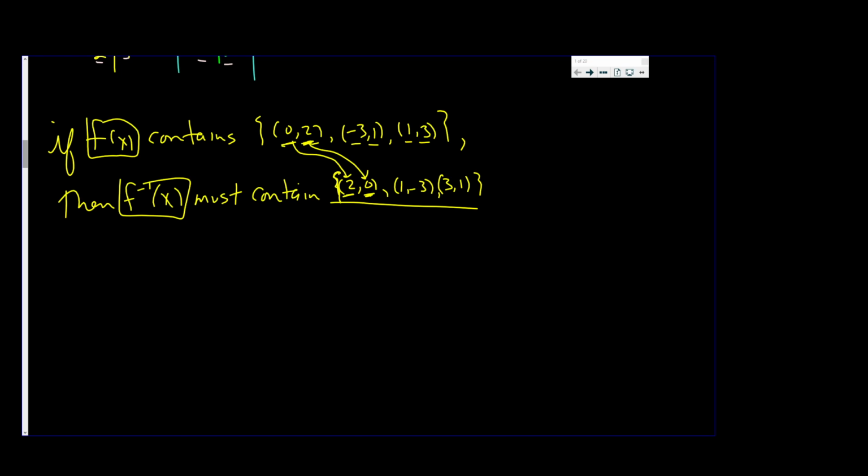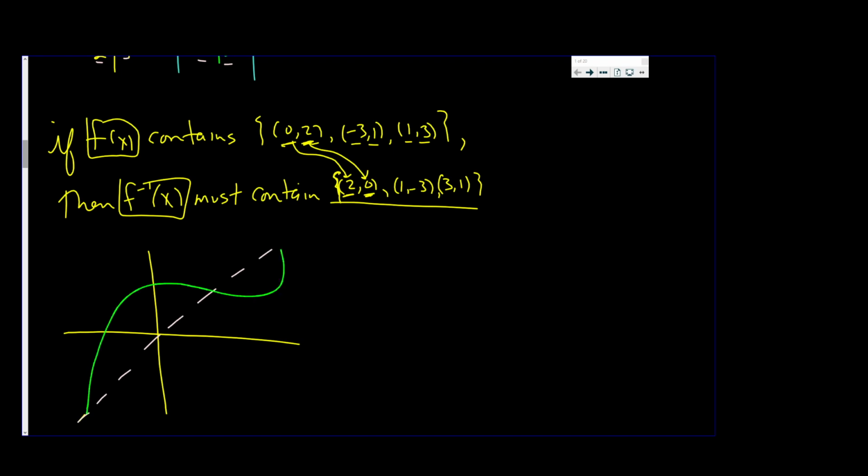So now, how about this? Suppose I tell you that, so I'm just going to draw this line first, y equals x. Suppose you come to know that f of x looks, well, let's draw it so it's a function.